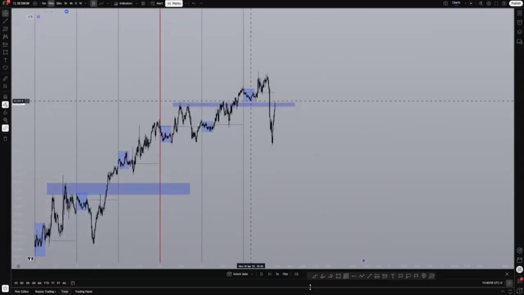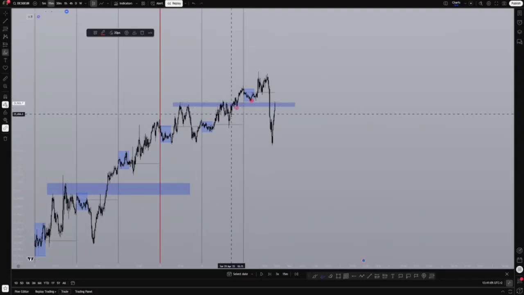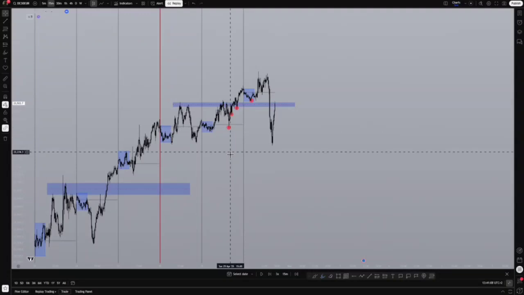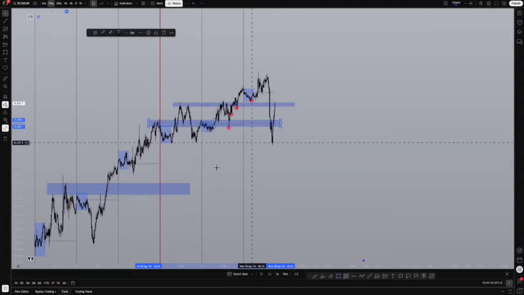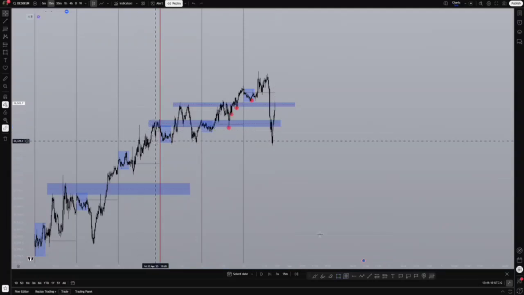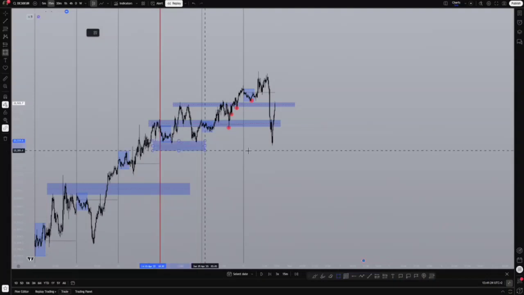These were the lows, right? There was another support resistance right here, as you can see. We could also put this one right here, right?